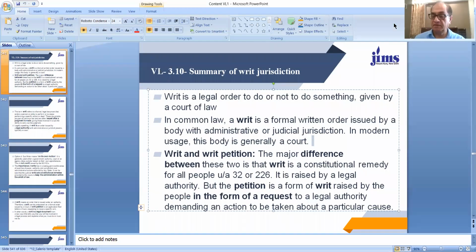Today we will be taking up the last lecture from Unit 3, that is summary of writ jurisdiction.